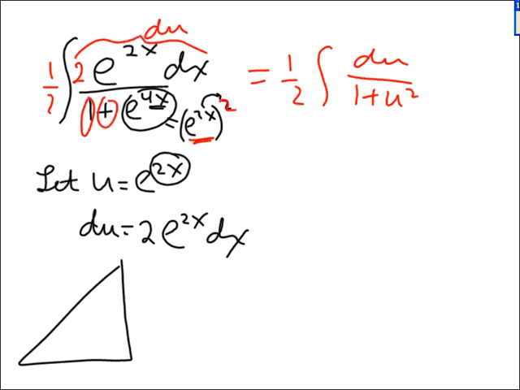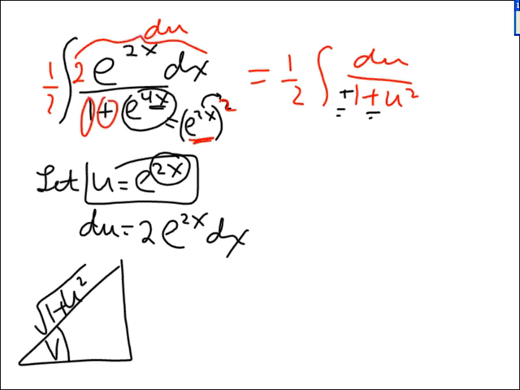I already used the letter u, so now I'm going to use the letter v. Since everything is understood to be positive, the square root of all that goes on the hypotenuse. One of the things being squared goes here, one of the things being squared goes there, and one is being squared.